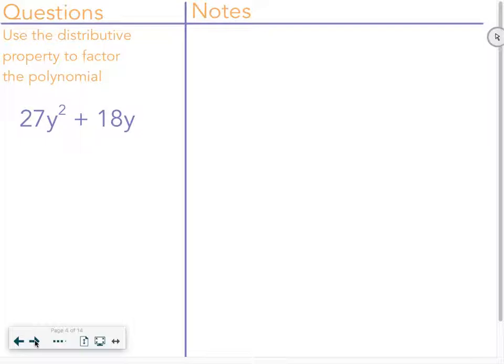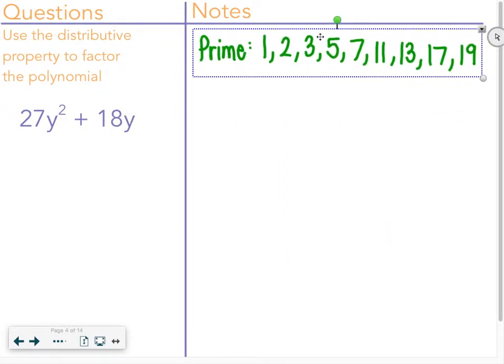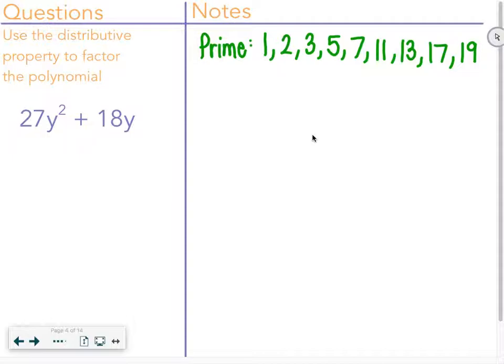27y squared plus 18y. Let's bring that list of primes back up. All right, so 27.